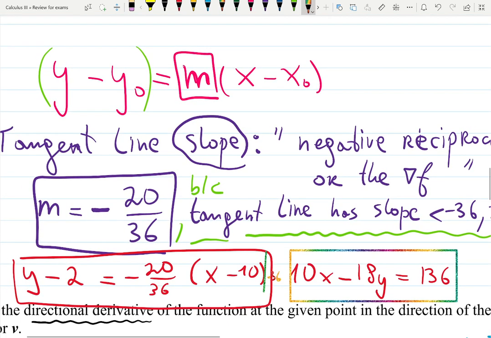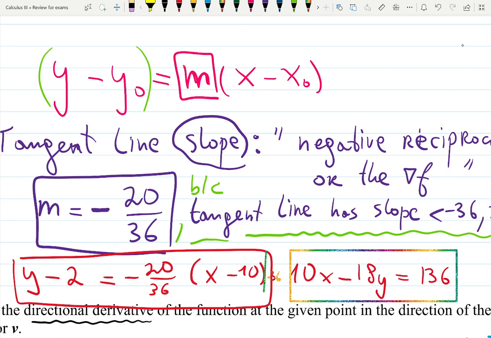You'll have 36y minus 72 equals minus 20x plus 200. Collect the coefficients and then divide everything by 2. So you will get this number on the right hand side, and then instead of 20x you will have 10x, and instead of 36y you will have 18y with a negative in front.